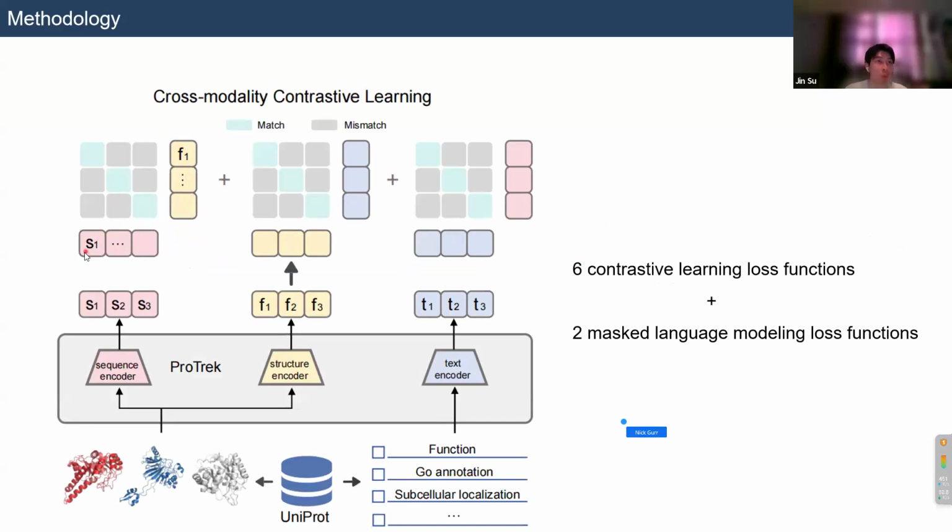For each sequence, we want the model to predict which one of the protein structures is the correct one. Here is one contrastive learning loss function, a cross entropy loss for protein sequence. We can do the same for the structure to find the correct sequence. So for sequence and structure, we have 2 loss functions. We can also do structure-text and text-sequence. So overall we have 6 contrastive learning loss functions.